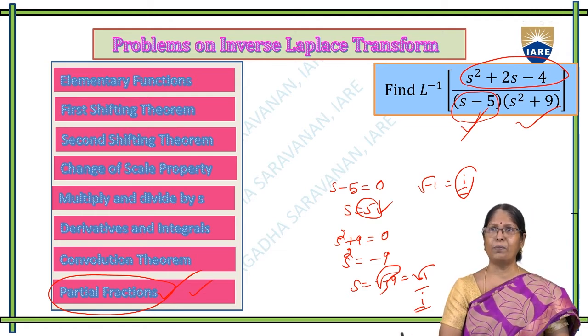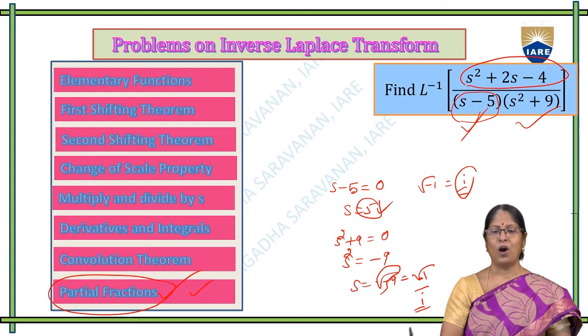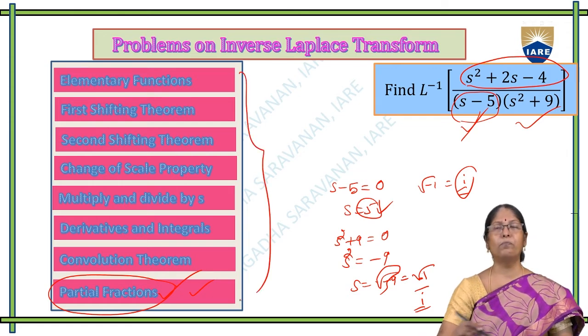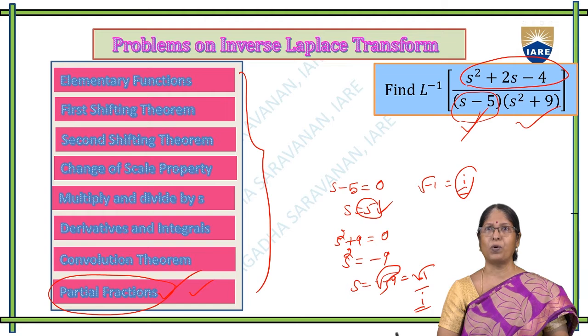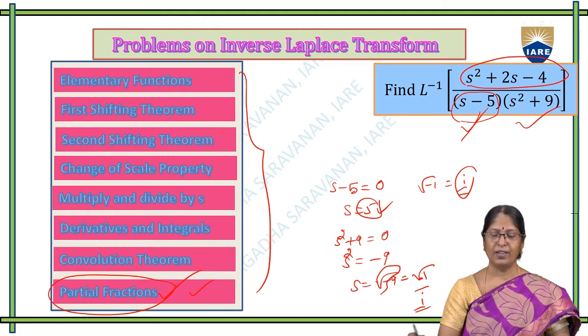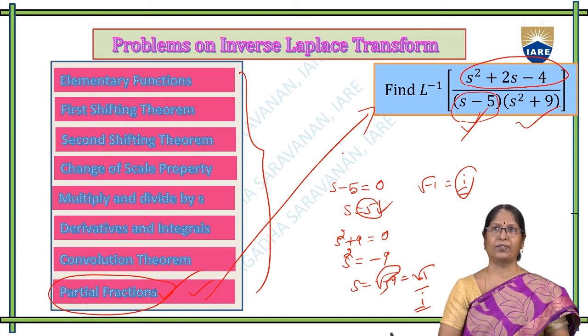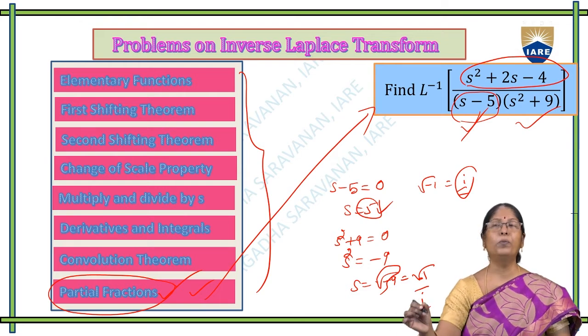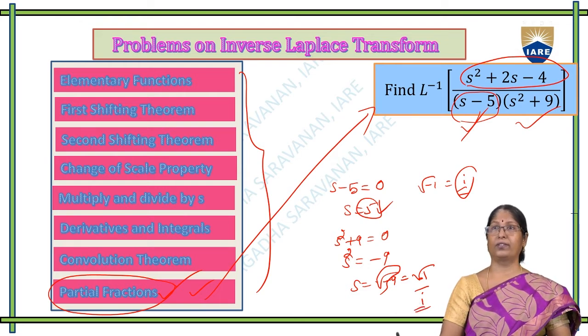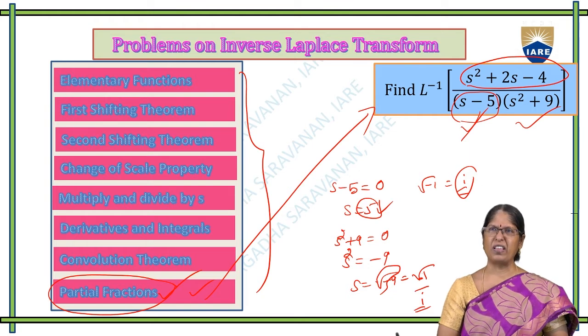If it is a real number, what is the rule? So the rules we will discuss. Out of these many inverse Laplace transform formulas, this is specifically fit for partial fractions. So since the numerator is complicated, s square, s cube, whatever it is, let us move to partial fractions.